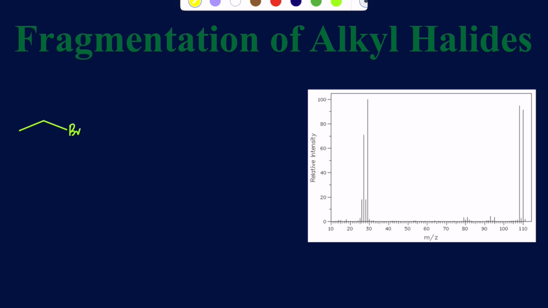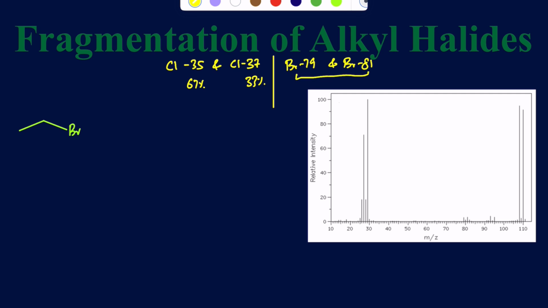In the case of chlorine, you have two isotopes, chlorine 35 and chlorine 37. Chlorine 35 is roughly 67% and chlorine 37 is roughly 33% abundant. Looking at bromine, you have bromine 79 and bromine 81 as two isotopes, and they're almost 50-50.